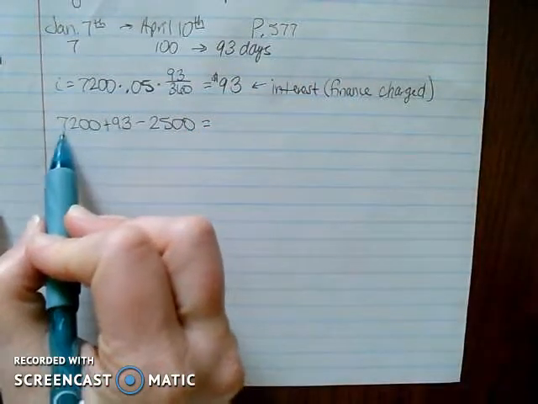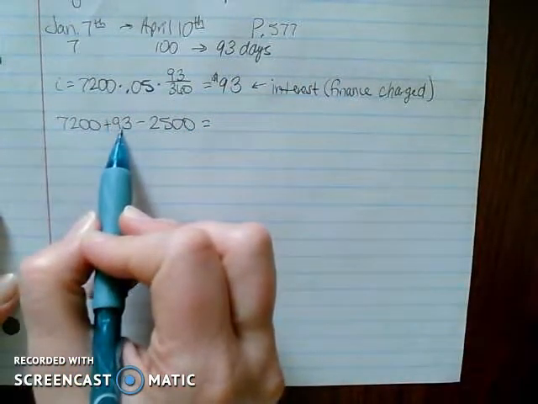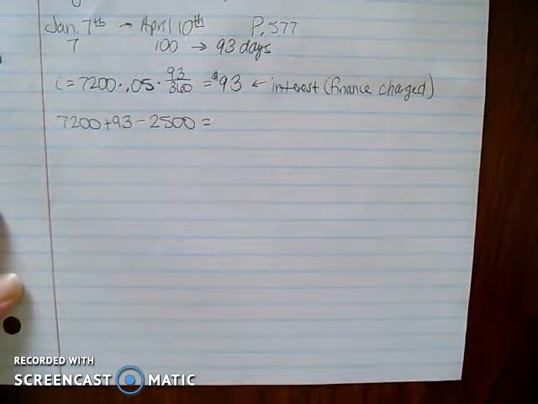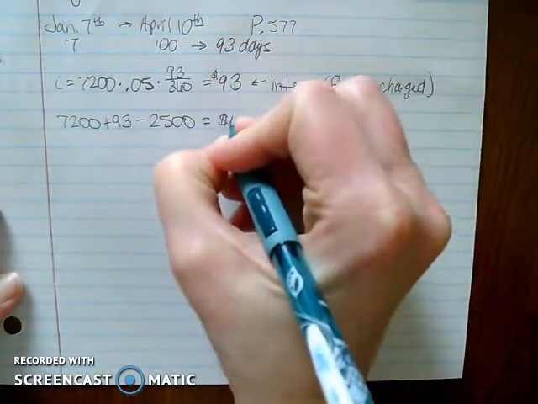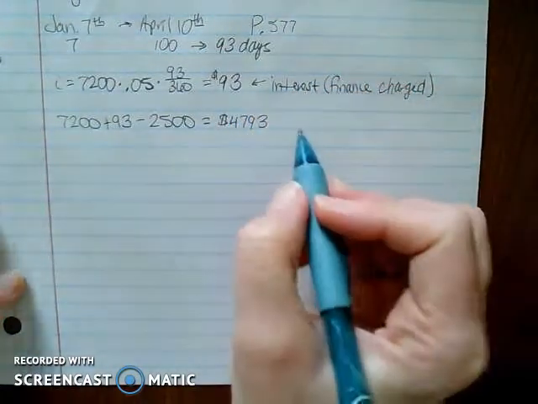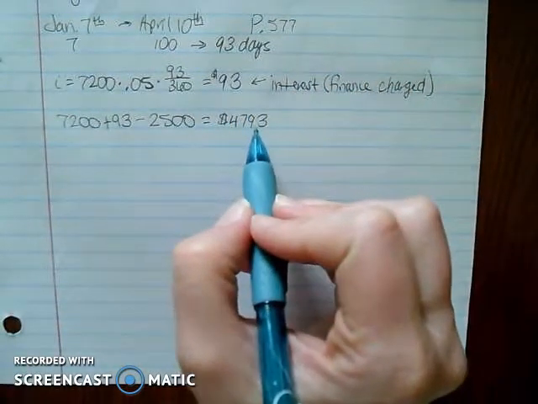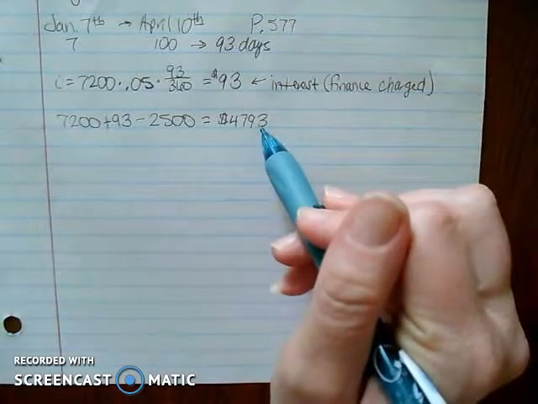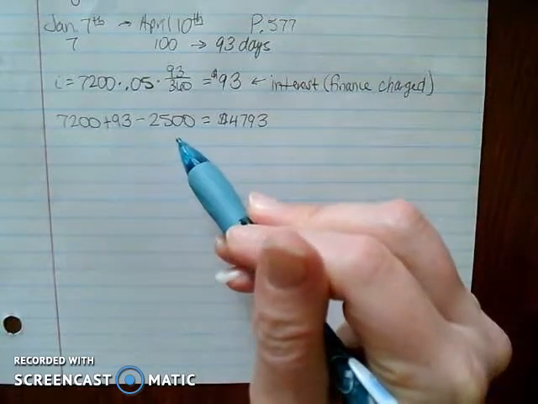So don't forget you have to add in your interest or your finance charge, and then take out what you paid, and you get $4,793 for that. So this becomes your new principal. Now we have, it's almost like a second loan, but not really. So now your principal is only this rather than the $7,200.